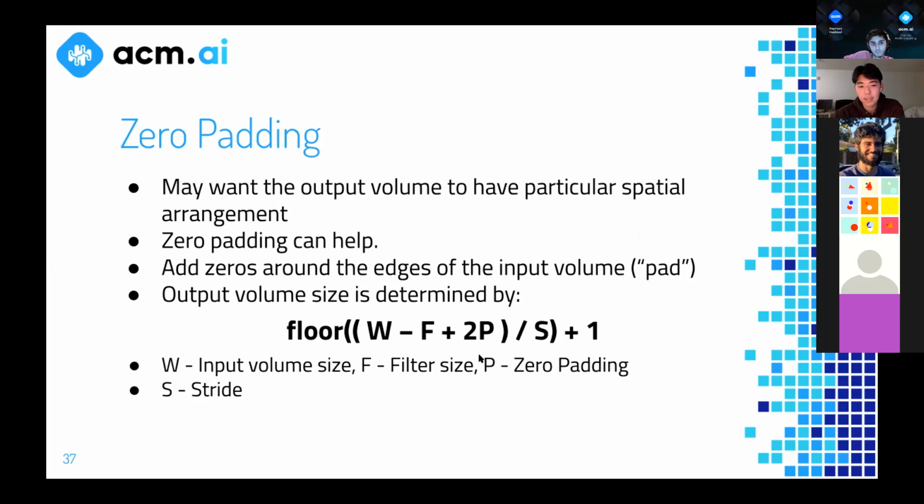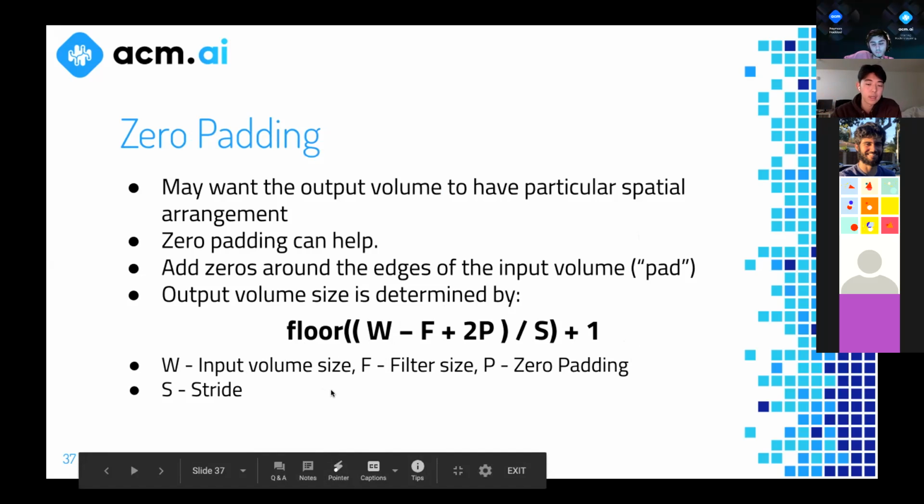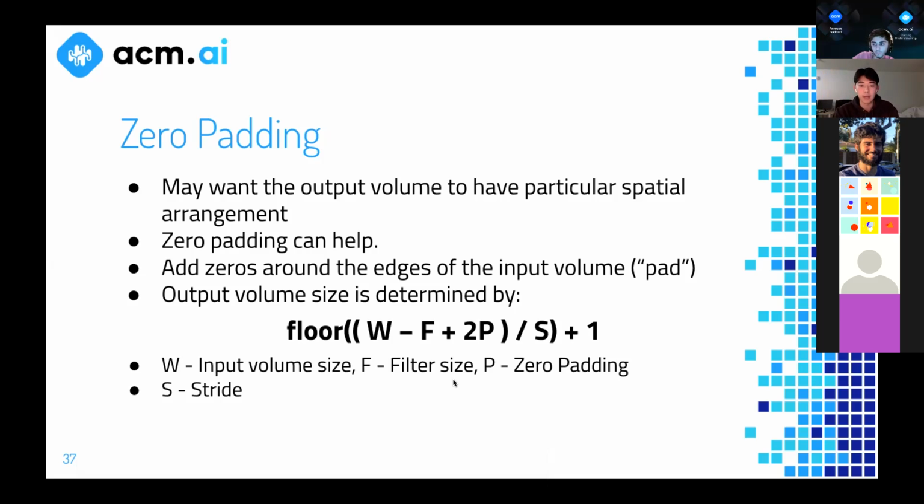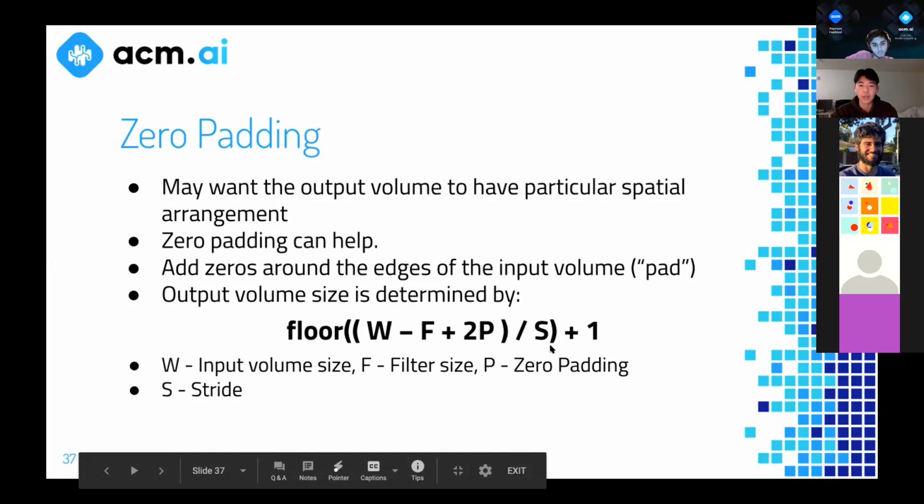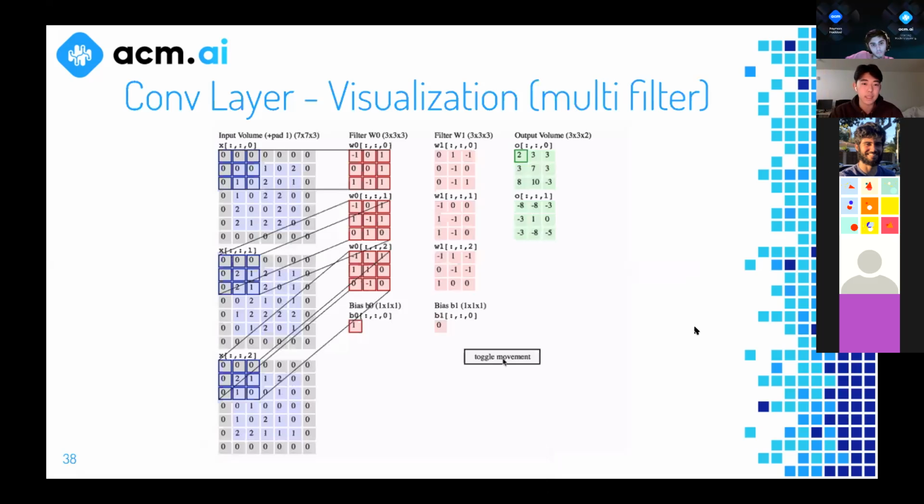We're taking our input and adding zeros to it, and we can determine how big our volume is going to be based on this formula, where we're taking the floor of this expression and then adding 1. W corresponds to our input volume size, F is our filter size, P is how much zero padding we have, and S is the stride.